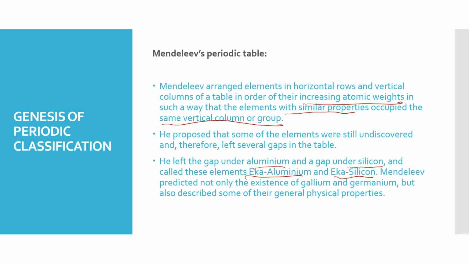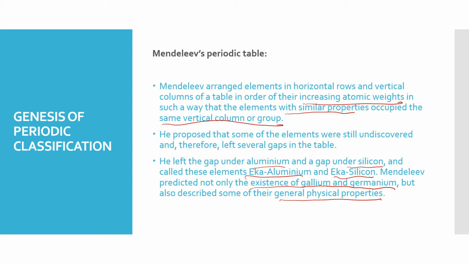Mendeleev predicted not only the existence of gallium and germanium, but also described some of their general physical properties. So when he left gaps for the undiscovered elements, he not only predicted that elements would come, but also predicted the type of physical properties those elements would have.